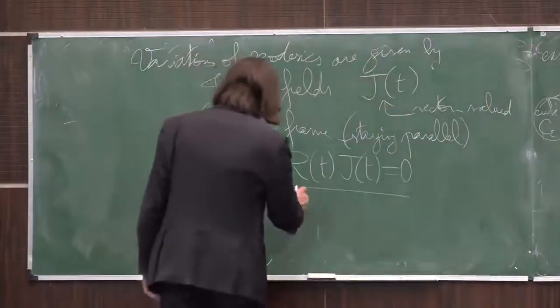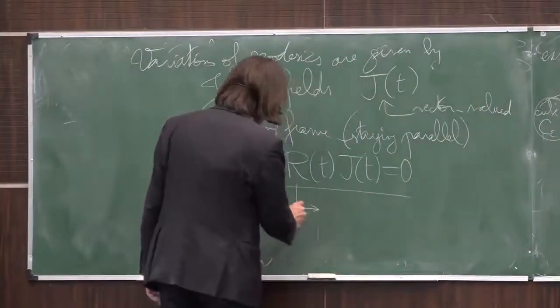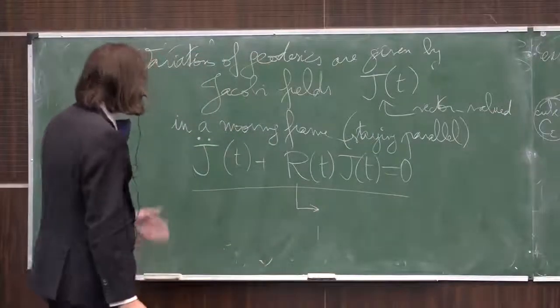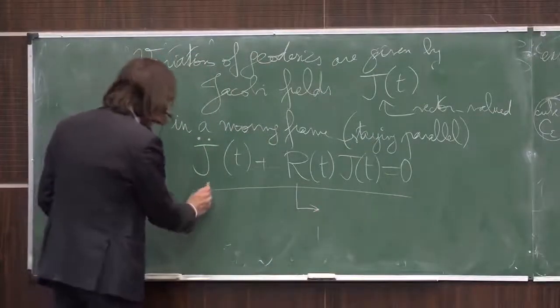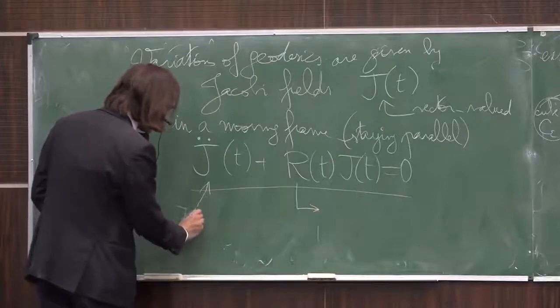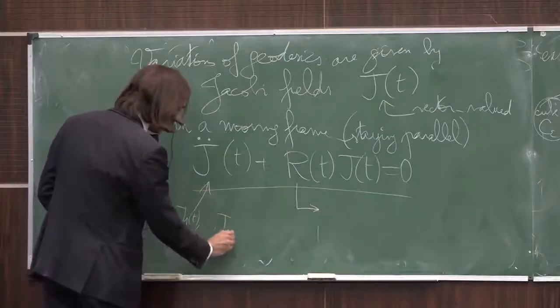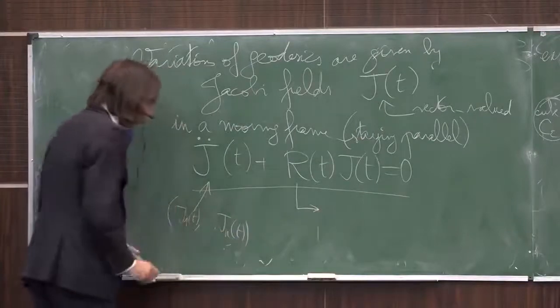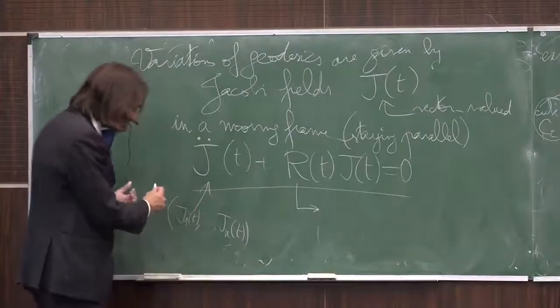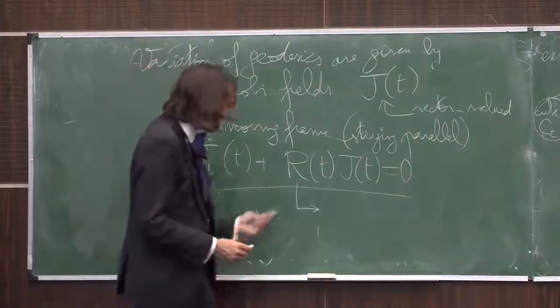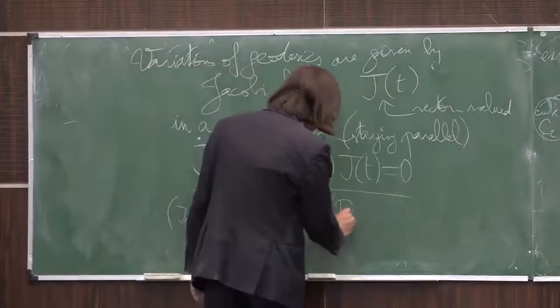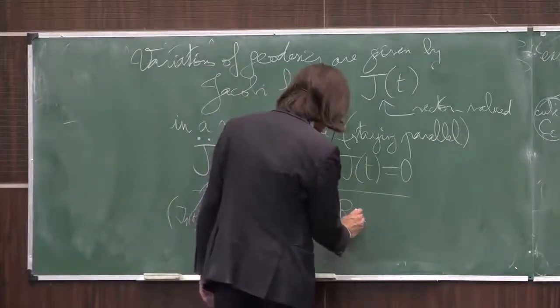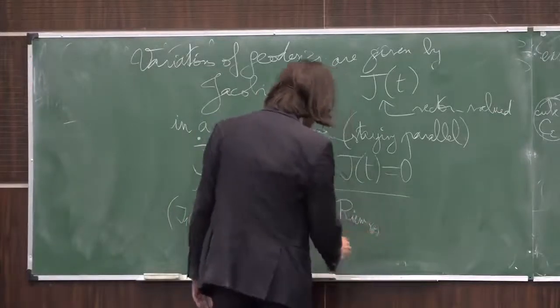The matrix R of t here, let's say that if this is the matrix J1 of t, etc., Jn of t, corresponding to direction 1, etc., direction n, then R of t can be expressed in terms of the Riemann tensor at point gamma of t.